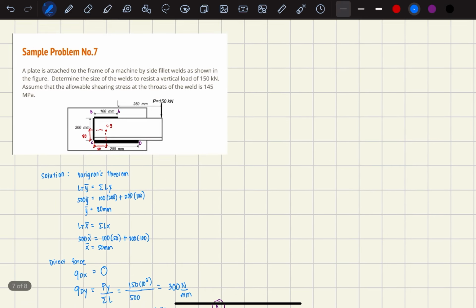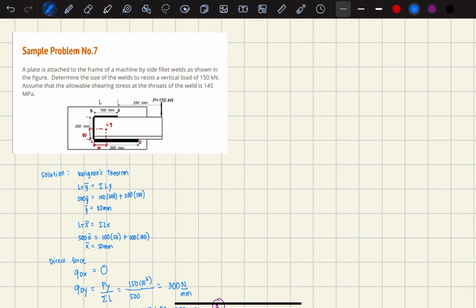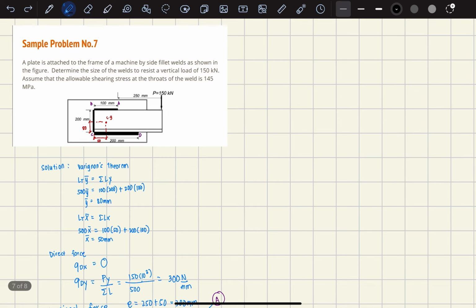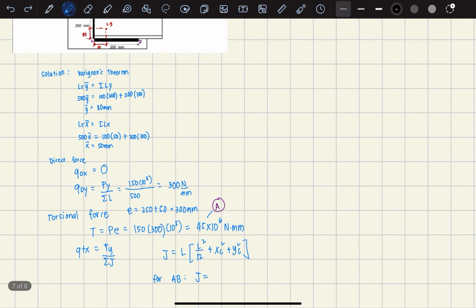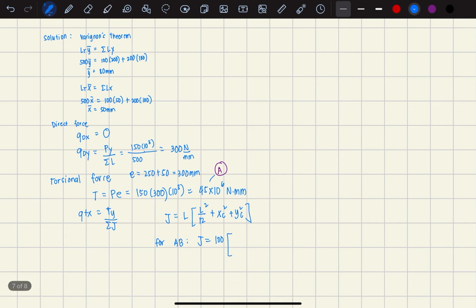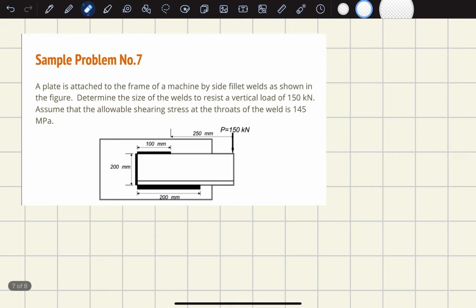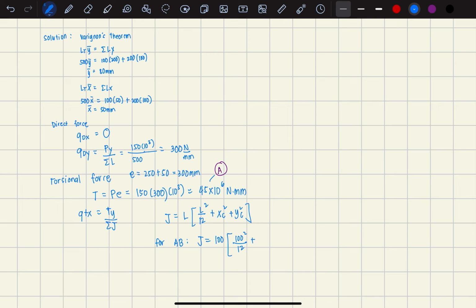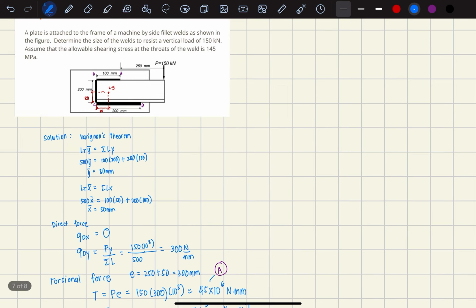Di ba yung length niya is 100. So, ito yung segment AB, which is yung L1 natin yan. So, 100 times the L. So, L pa rin is 100. So, length yan ng segment AB, over 12 plus x sub c.